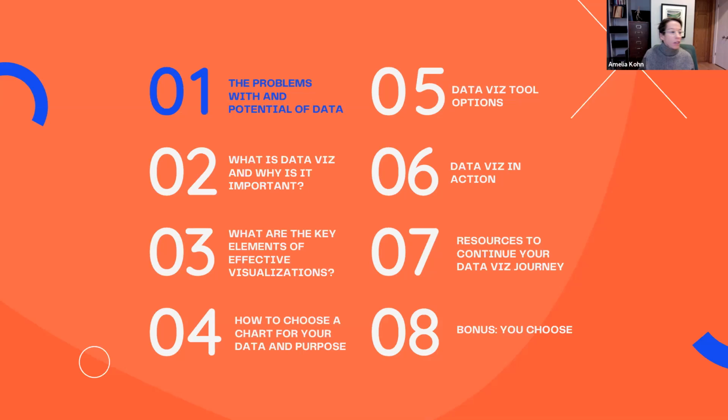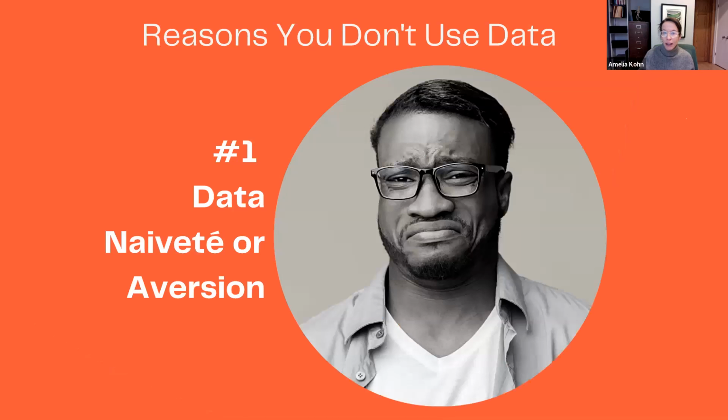Okay, so topic number 1, the problems with and the potential of data. So let's talk about why you don't use data, or probably more correctly, why you don't use it as well as you might. I found there's at least 6 common reasons why organizations don't make better use of data. And the thing they all have in common is that they're really understandable.